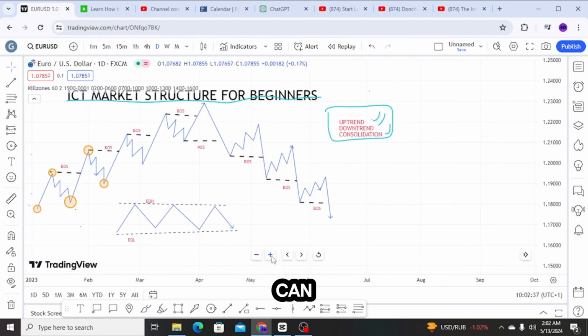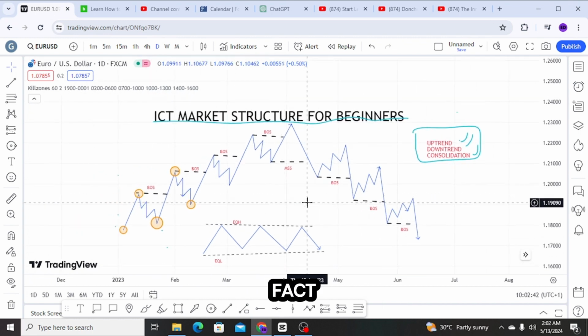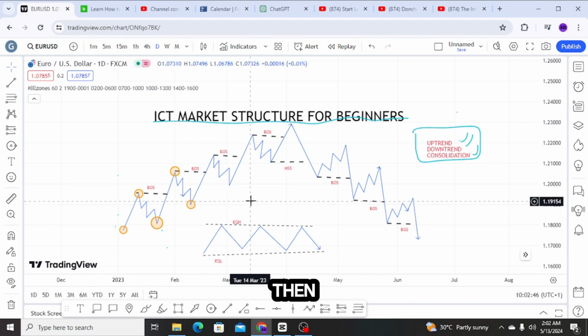As you can see now, we are in an uptrend. For the fact that this low is still protected, this market is an uptrend. If the market decides to move in this direction for the rest of the year, you are going to be bullish for the rest of the year.